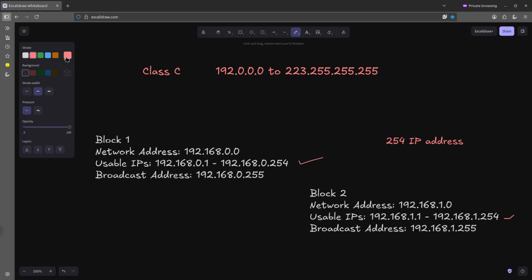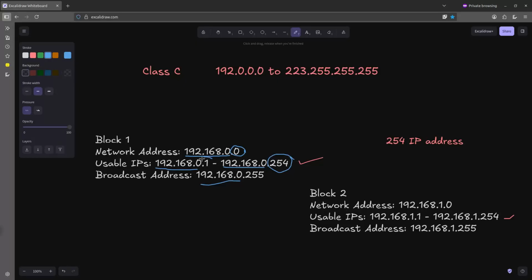If you have noticed over here, 192.168.0 is exactly the same. It's locked in because it's the network part, and the 0 is the host part. Same in usable 192.168.0, 192.168.0, 192.168.0. They're all locked in because they're the network part. What changes is the host part.